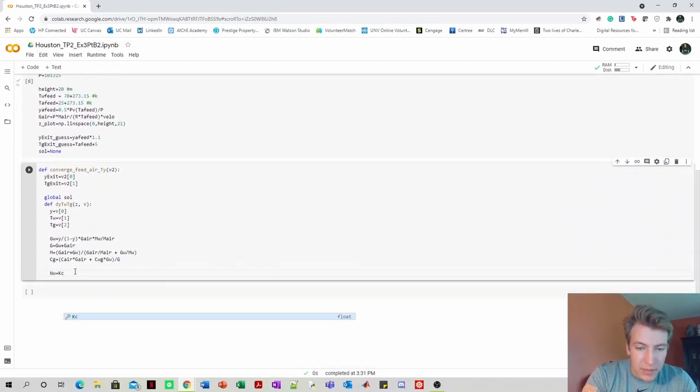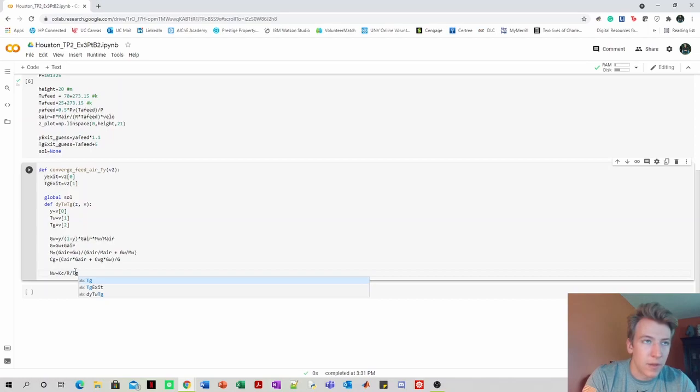And that's going to be divided by the gas constant R times the gas temperature going in, times the vapor pressure we found times the water temperature, not the feed though, minus Y, which is the mole fraction, times the total pressure.